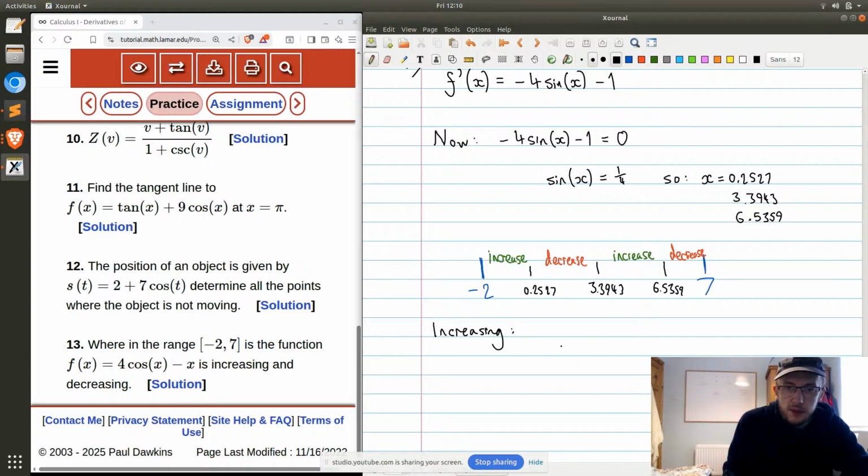And we say that the function is increasing from... Now we have to be sensitive about the fact that they actually include -2 and 7. So what do I say? I say from there to there, and then from there to there, but I don't be inclusive about those.